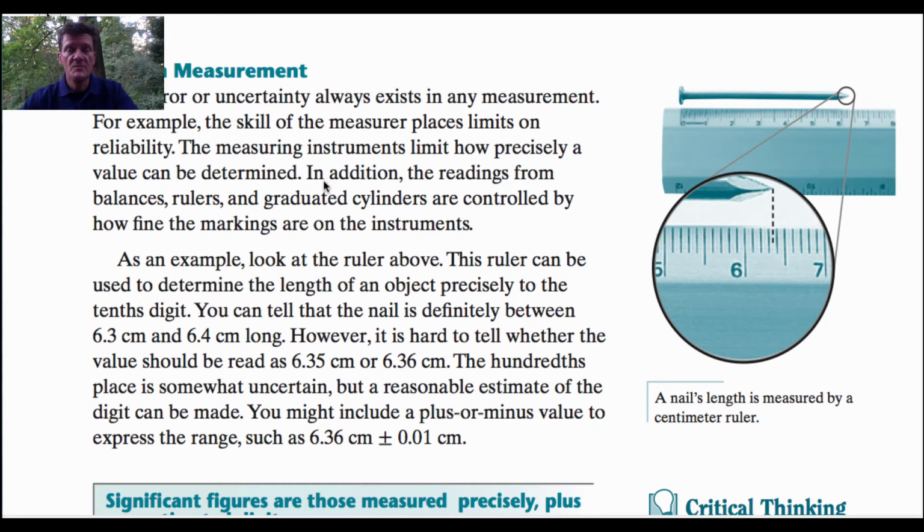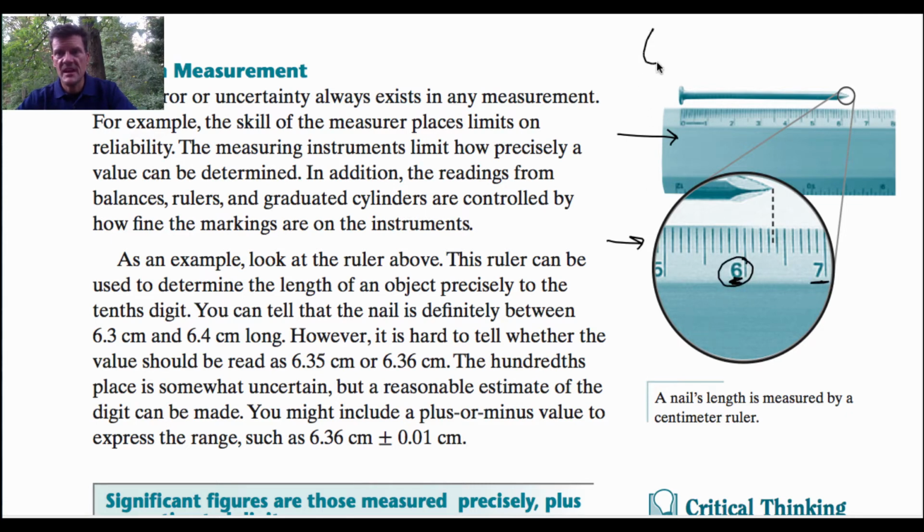Now, when we take measurements, we know that our measurement is going to be correct to a certain degree. In other words, it depends on our tool. Meaning, if I have a ruler right here, and I'm measuring the length of this nail, and if I zoom in really close, I can see my ruler goes, there's 6 centimeters, that's 7 centimeters.